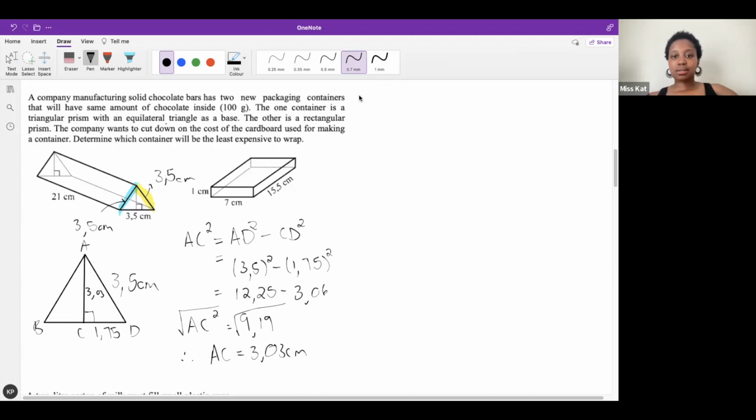I was first going to work out the area of the triangles. So I'm going to say area of triangles equals, and Michaela told us, twice half base times height because there are two triangles. That's going to give us 2 times half of the base, which is 3,5, times my height, which is 3,03. So what is the area of both my triangles?